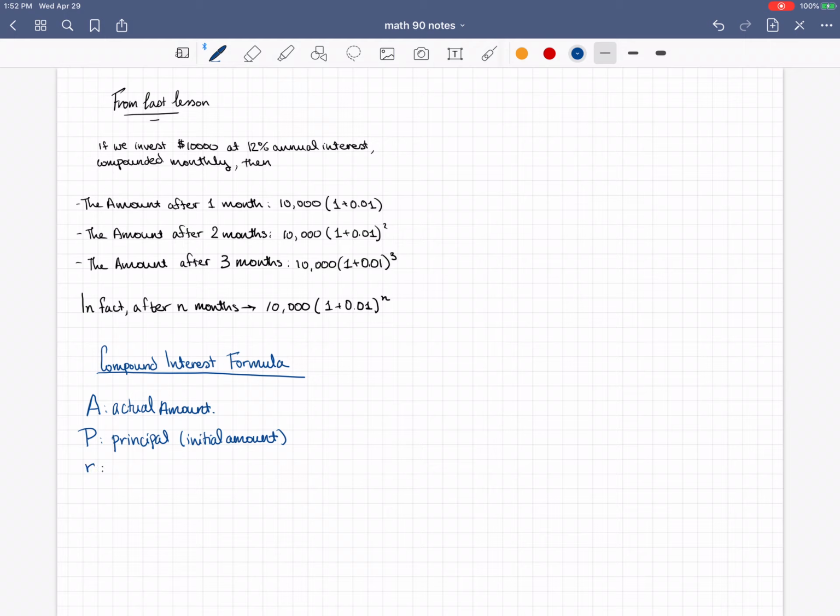R is the interest rate, and this is the annual interest rate. N is the number of compounding cycles per year.